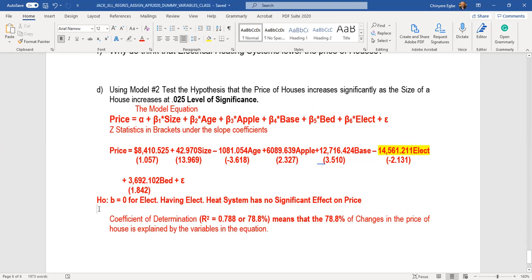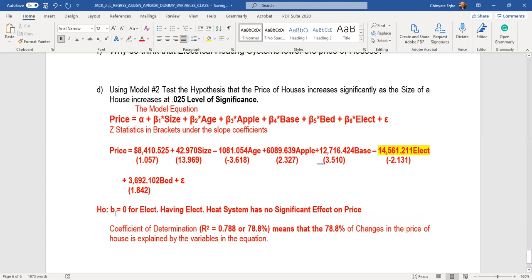Okay, you state the null hypothesis. Okay, you state the null hypothesis that B is 0, which means that this slope here is 0. Did you get that? Okay, you're saying that this slope here is not significantly different from 0.